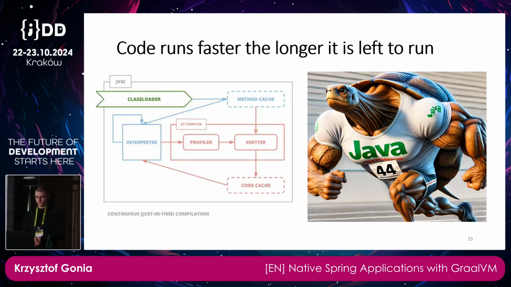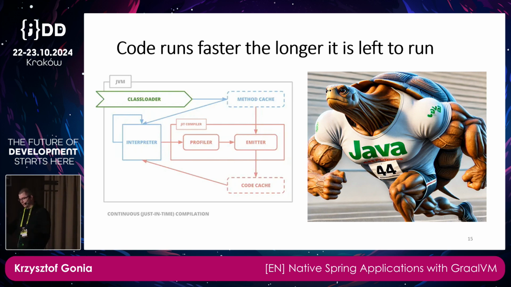Why? Because code runs faster the longer it runs. So our little turtle becomes this guy after our code runs for some time. Why? Because the JIT compiler does optimizations to our code. When you use your code, you have a lot of different paths that might be executed.